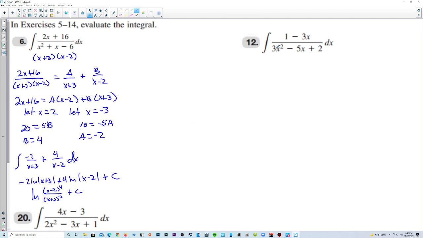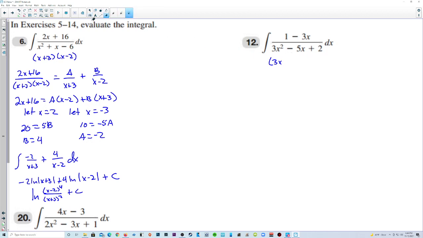Over here, the derivative would be 6x minus 5, which is not a multiple of 1 minus 3x. We're going to factor. How about negative 2 here and negative 1 there? Nope, that's not going to be negative 6 and negative 1. That's negative 7, so that's not going to work.